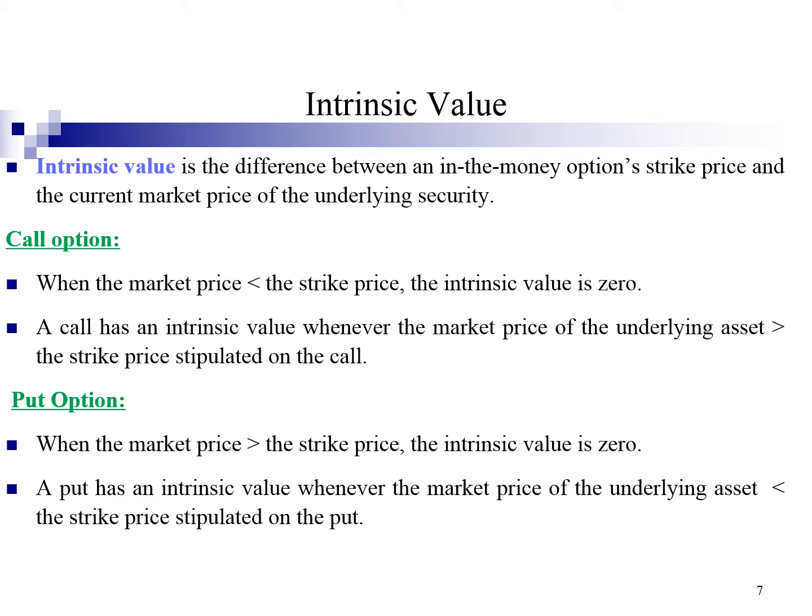A call has an intrinsic value whenever the market price of the underlying asset exceeds the strike price stipulated on the call. The intrinsic value of a put is the difference between the option strike price and the asset's market price. When the market price is above the strike price, the intrinsic value is zero.